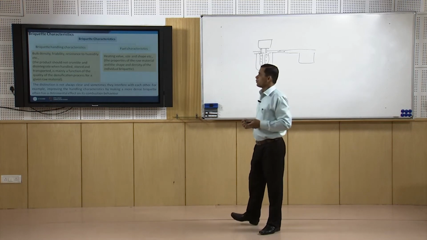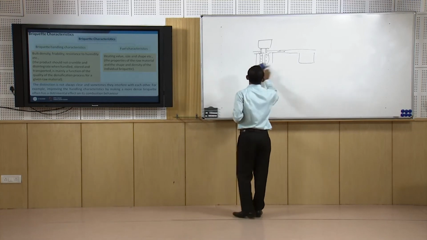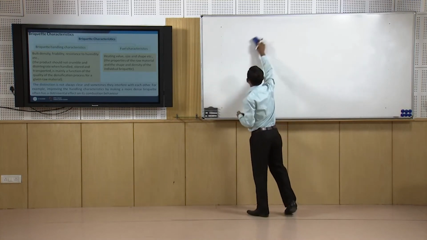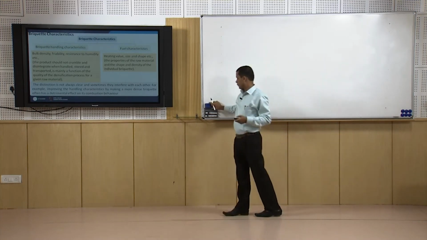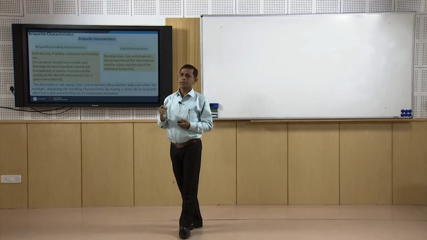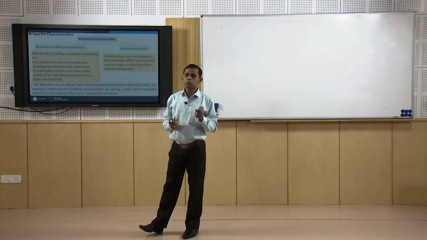Now, we will see the characteristics of briquettes. How can we define whether a briquette is of good quality or inferior quality? There are some characteristics on the basis of which we can assess the quality of the briquettes. Those qualities can be grouped into two categories.